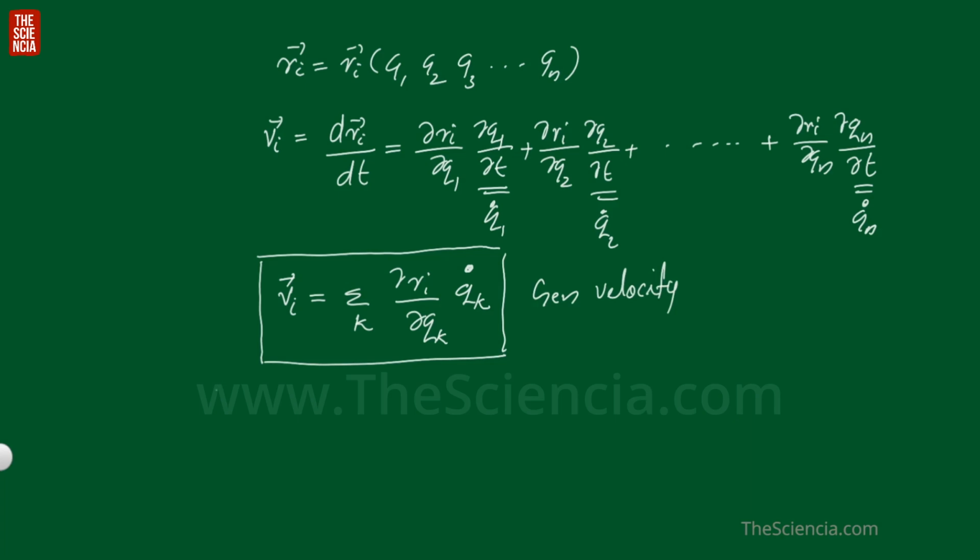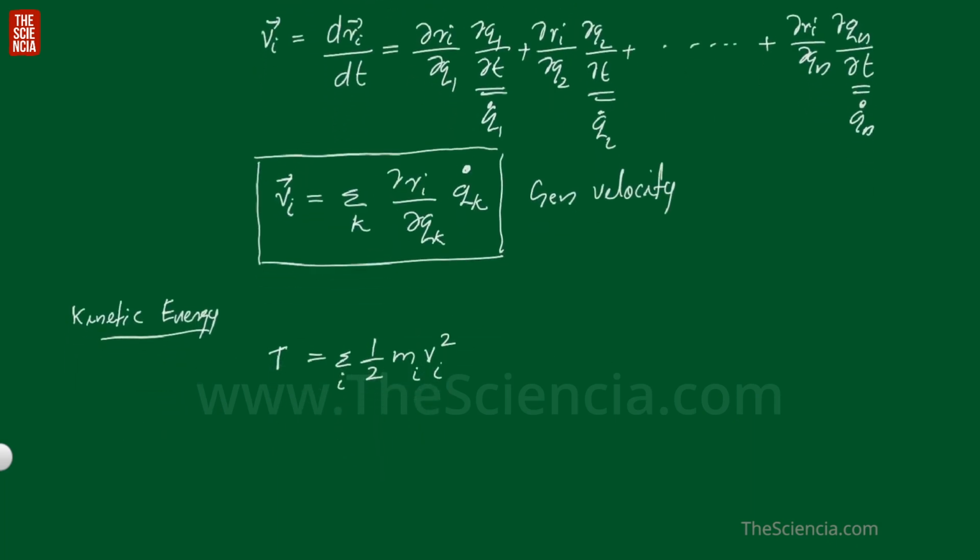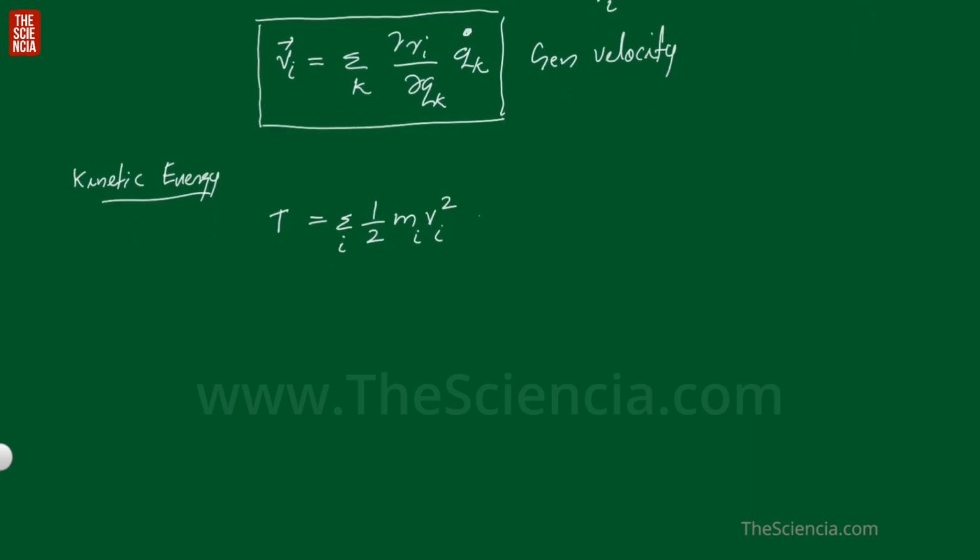Now you know about velocity, right? Then what will be the generalized kinetic energy? I think you know the equation of kinetic energy is equal to half m v square, right? I am taking a system of particles, that is I am taking summation over i of half mi vi square. Here I am rewriting this equation for less confusion, that is 1 by 2 mi vj dot vk. So here I am going to substitute this value here and here. So what do we get?